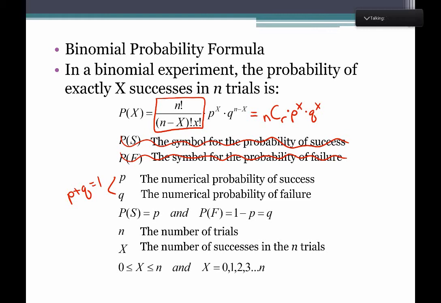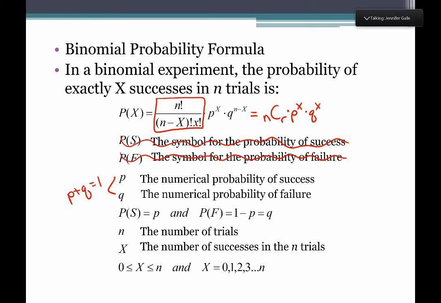n is our total number of trials. So how many times are you flipping the coin? How many students are being selected? How many times are we drawing a card from the deck? n's your total number of trials. And then the capital X is how many successes you want. We wanted 2 heads. Maybe I'm drawing a card from a deck 6 times.